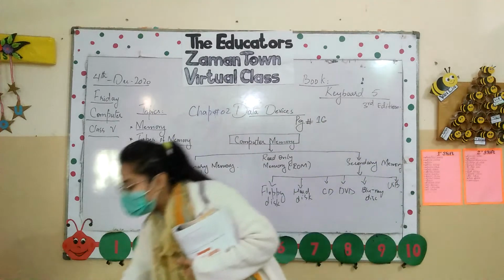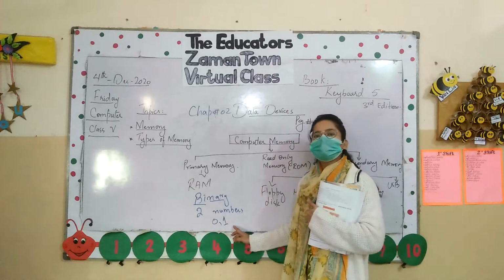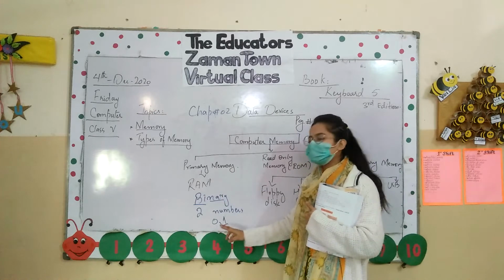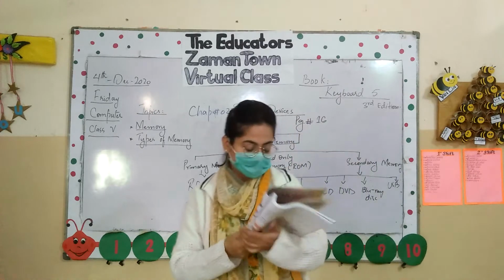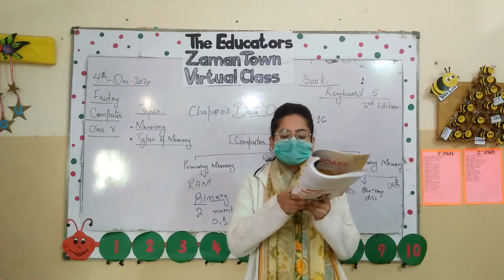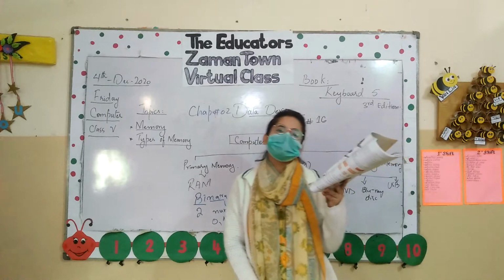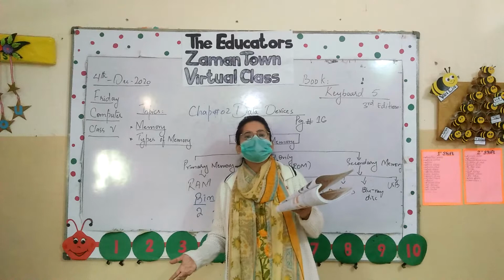In digital electronics, from the electronic side, 0 means off and 1 means on. So the computer works on these two numbers, 0 and 1. It understands only this language. So the computer works with only two digits, 0 and 1, and the data input is converted into zeros and ones, a computer language, to be understood.